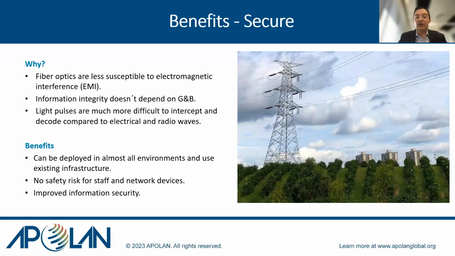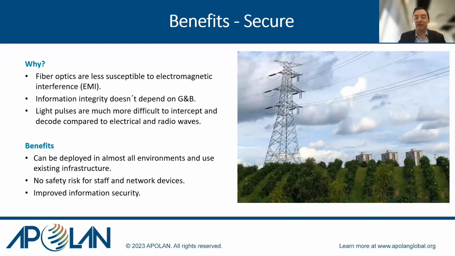It doesn't depend on grounding and bonding. I'm not saying that grounding and bonding is not important. It needs to be grounded and bonded, but the performance of the network doesn't depend on how it is, in case we have it.